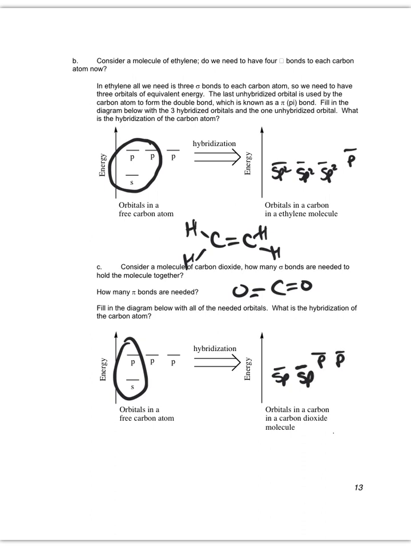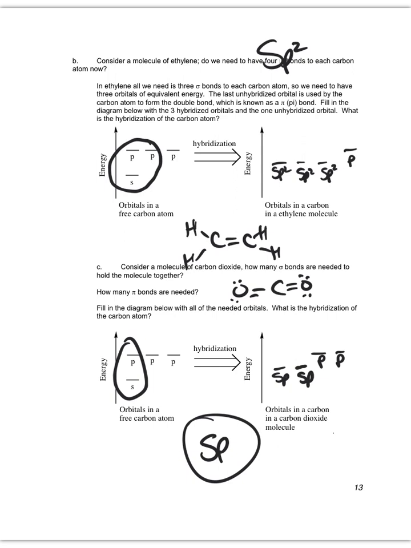Now this is the carbon, not the oxygens, with 2 p orbitals on it, and the p orbitals are what make up the pi bonds on the carbon. So that carbon is sp hybridized in carbon dioxide. And the carbon of ethylene, either of the carbons of ethylene, is sp2 hybridized. So that's the hybridization for both of those.